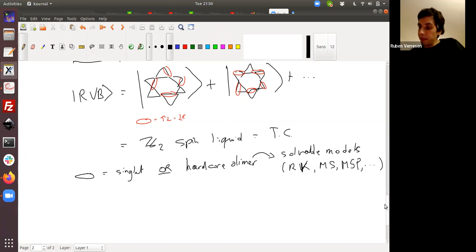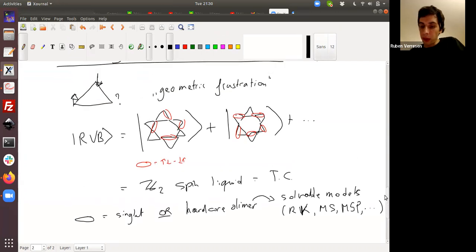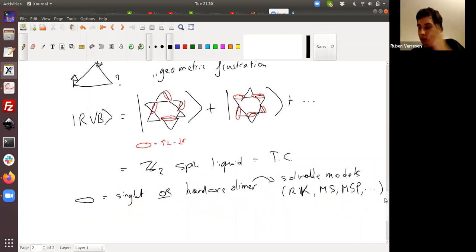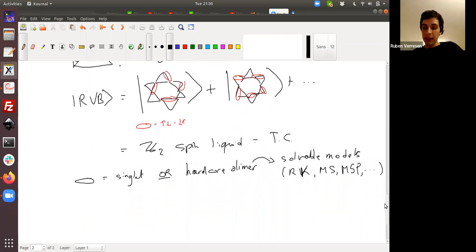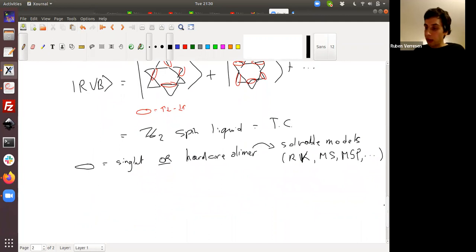One nice conceptual interpretation of these RVBs is that they give you emergent gauge theories. Someone was already asking about this emergent gauge theory I mentioned. So here actually is an example. In these RVBs, we always have exactly one dimer touching every vertex.